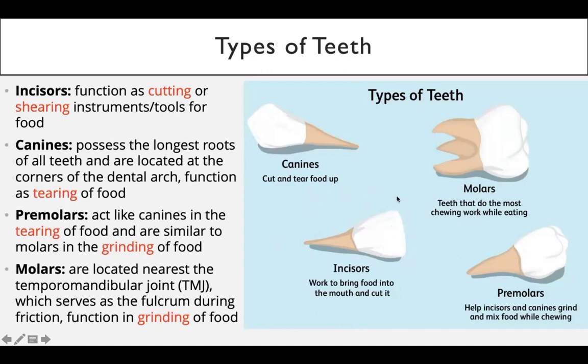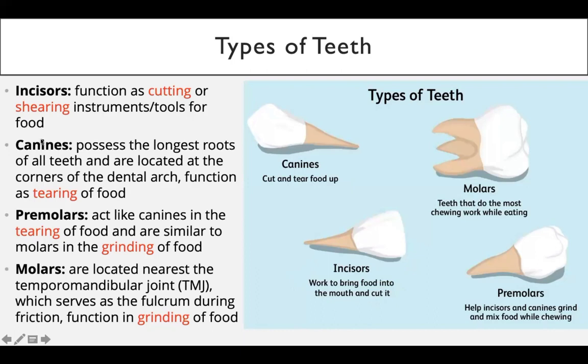It cuts because it is flat and looks like a knife. It works to bring food into the mouth and not let it exit, because if you don't have incisors, food can exit. It works to bring food into the mouth and cut it.